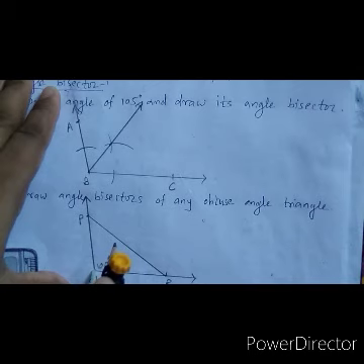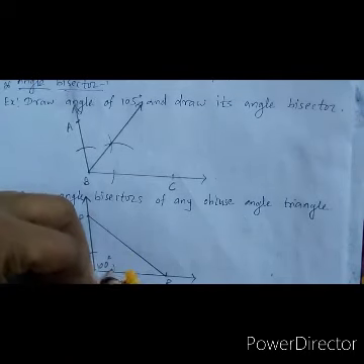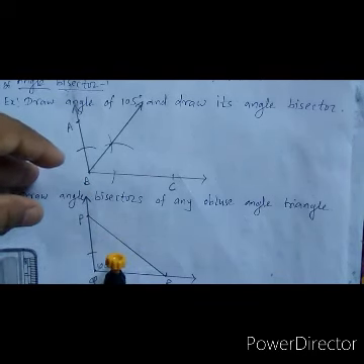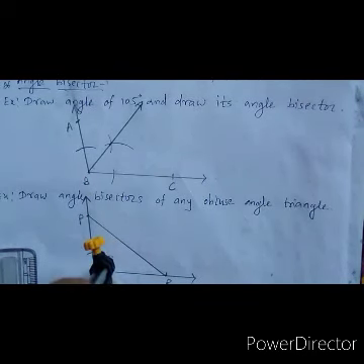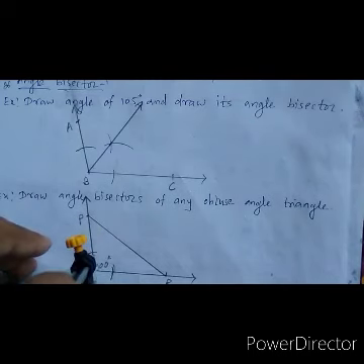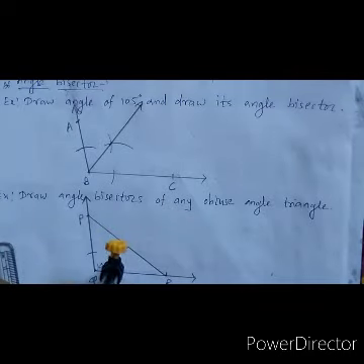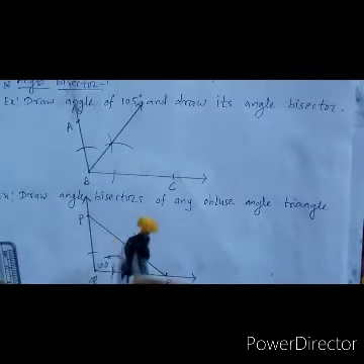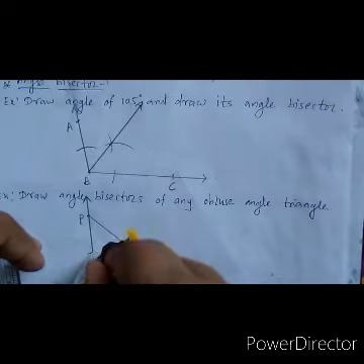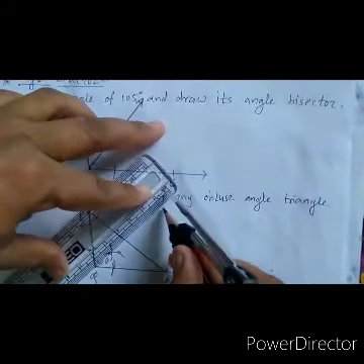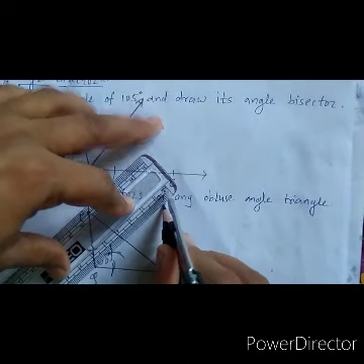So we have to put the compass point on the point Q and we have to draw an arc. Similarly we have to put this point on this arc and we have to draw an arc. Then we have to join Q and the point of intersection of these arcs.